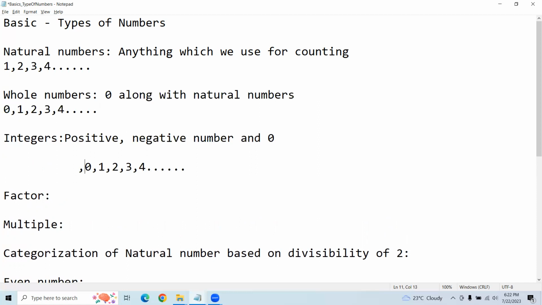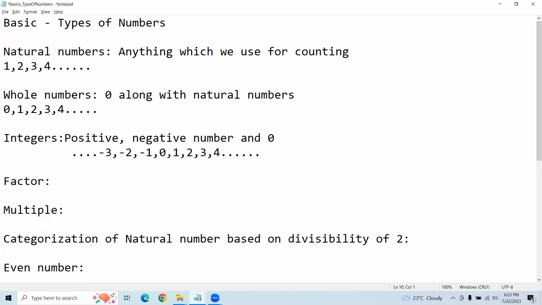On the left hand side, you will have -1, -2, -3, and it will continue on the left hand side, the way we have it on the right hand side for positive numbers. So 0, positive 1, 2, 3, 4, and then negative -1, -2, -3. These are called integers.